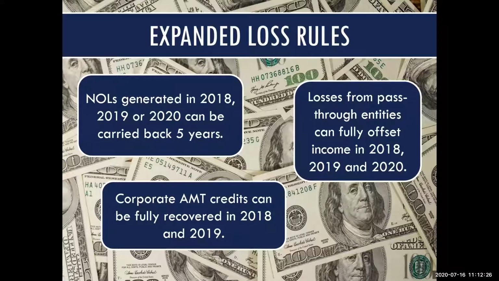And in addition, at least for now, losses from pass-through entities can fully offset income in those years. The excess business loss limitation from the Tax Cuts and Jobs Act has been repealed. But I did say, at least for now, there are some proposals in Congress to further modify the rules again for non-corporate taxpayers.